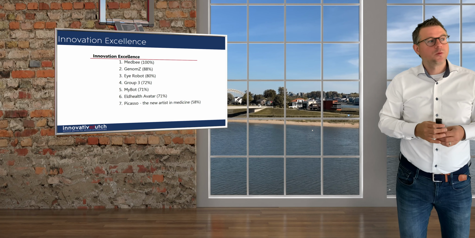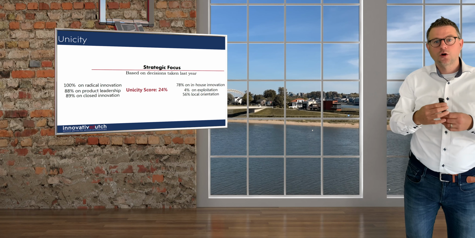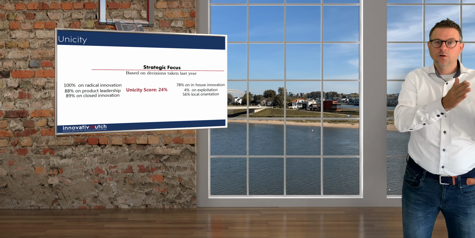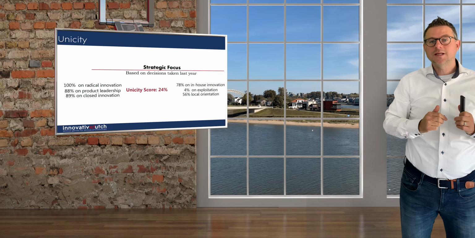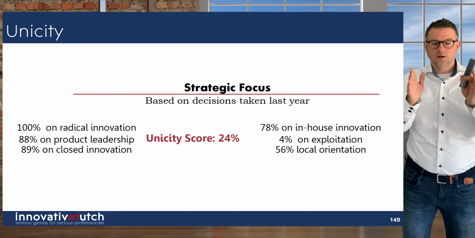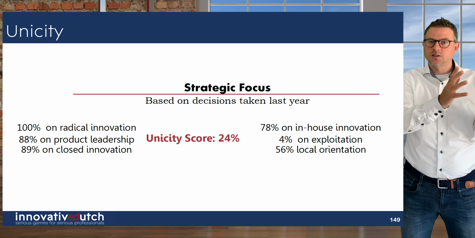And then there is something that we call the strategic focus, or the unicity score. The unicity score is only based on all the decisions that you took last round, and it gives you an indication of how unique your strategy is compared to the other teams. So it's very short. It uses a very short history, only the decisions that you took last round.